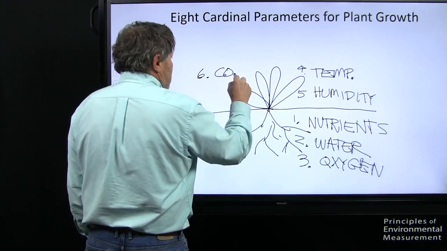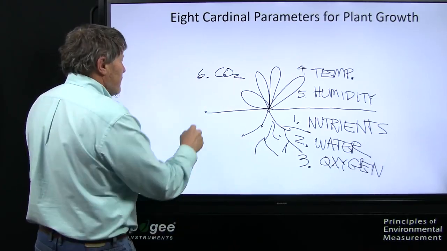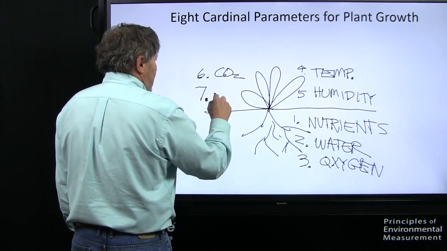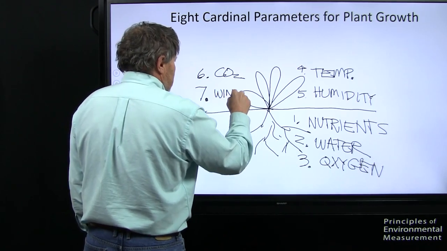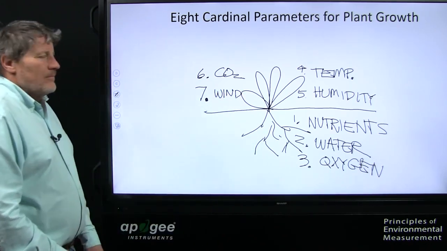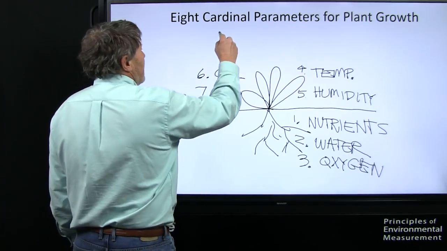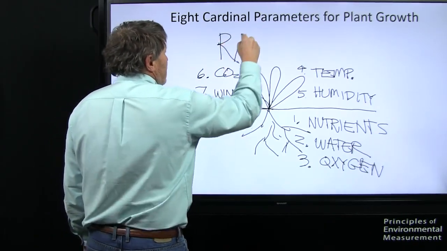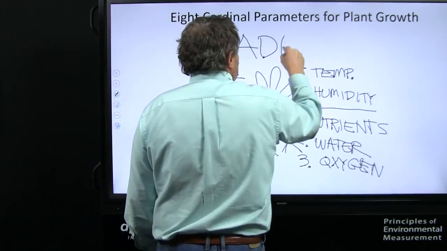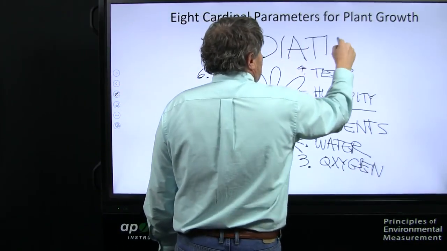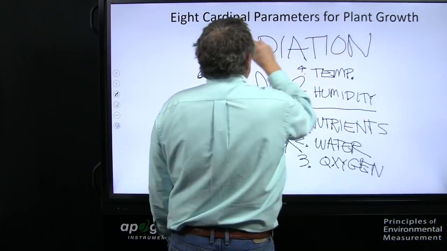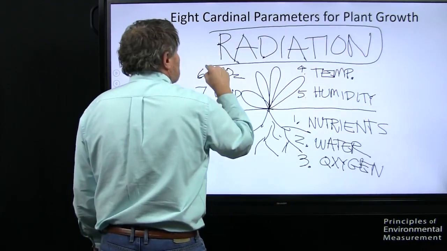Carbon dioxide, critical parameter. 7, wind. We got 8. We're missing 1. The elephant in the room is radiation.